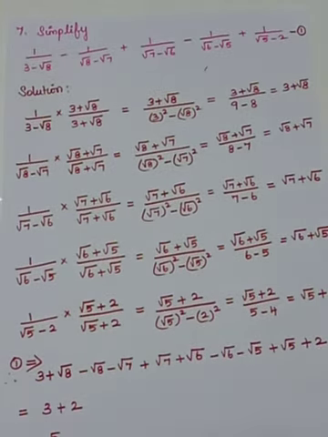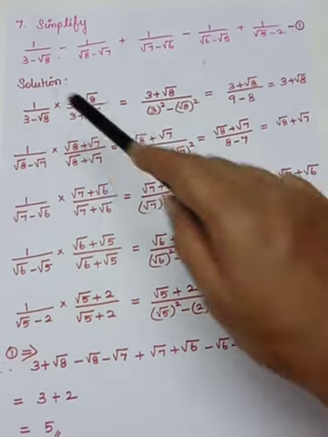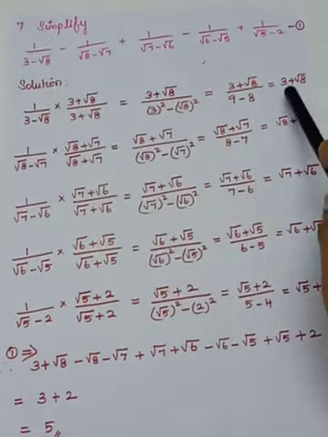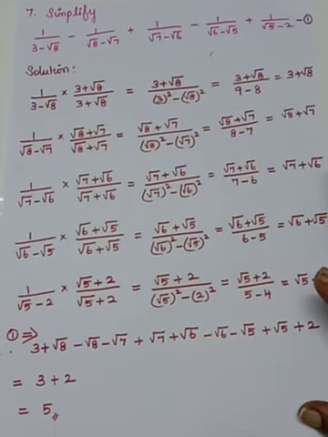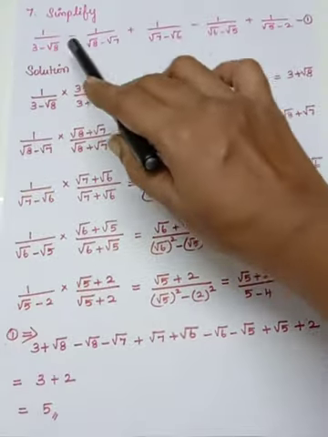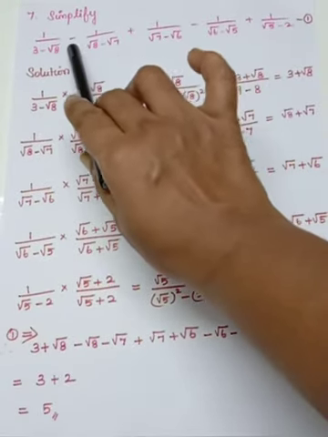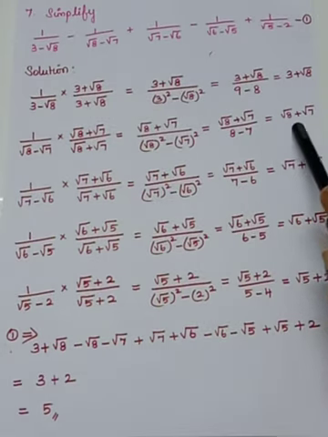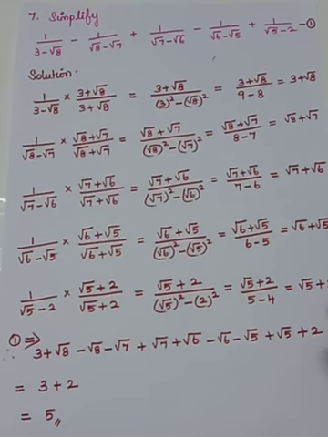So we have found the values of all the terms. What you have to do, you see the first term value is what? 3 plus root 8. I have written here. First term value is 3 plus root 8. So in between, moving to the second term, in the front you are having minus. So the second term answer has to be multiplied by minus.